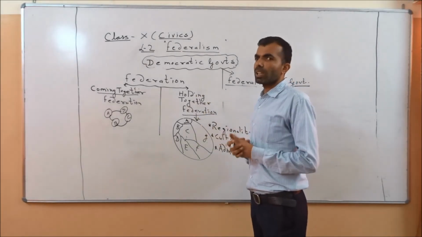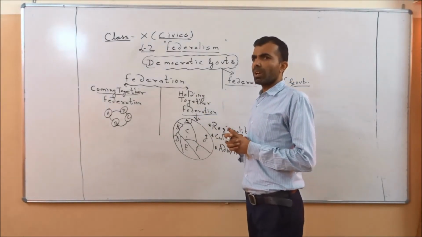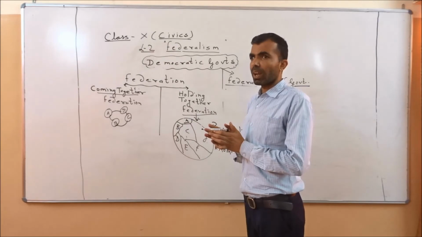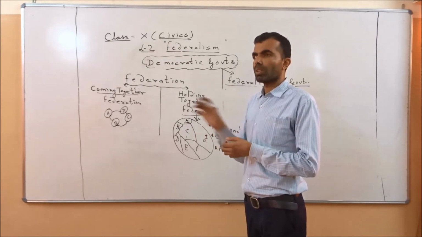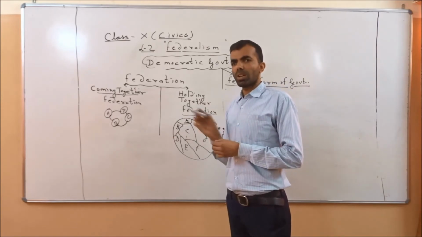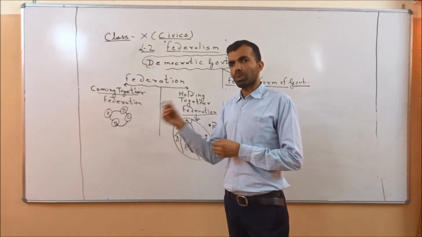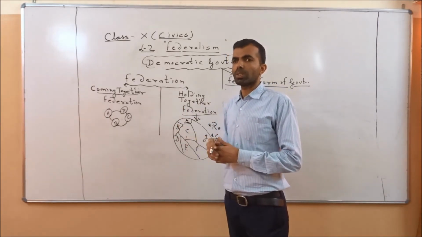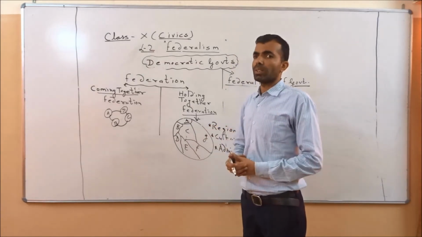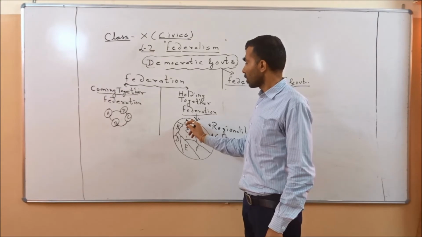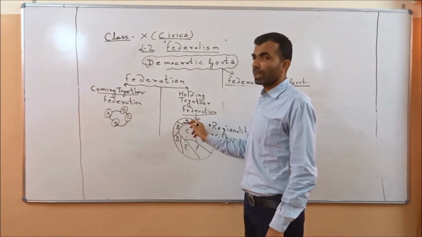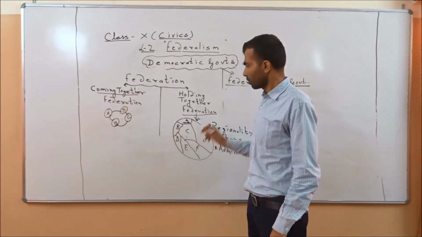As in India's case, Jammu Kashmir, before 2019, was run through Article 370. Last year, Article 370 was removed and Jammu Kashmir is now treated like the other states. But before 2019, they had been provided more autonomy than the other states.